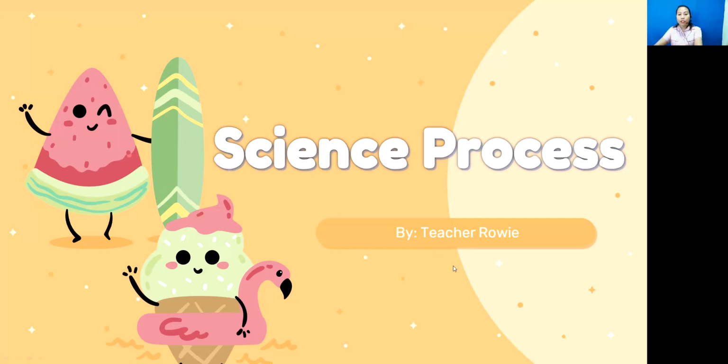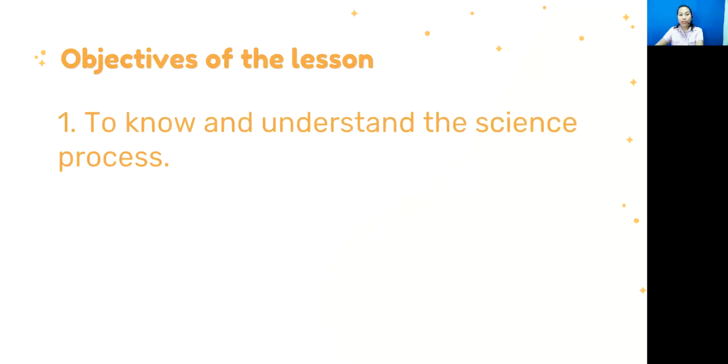So let's talk about the science process. Are you ready? Okay, so let us start. The objective of our lesson is for you to know and to understand the science process. What is the science process and how do we study science, okay?